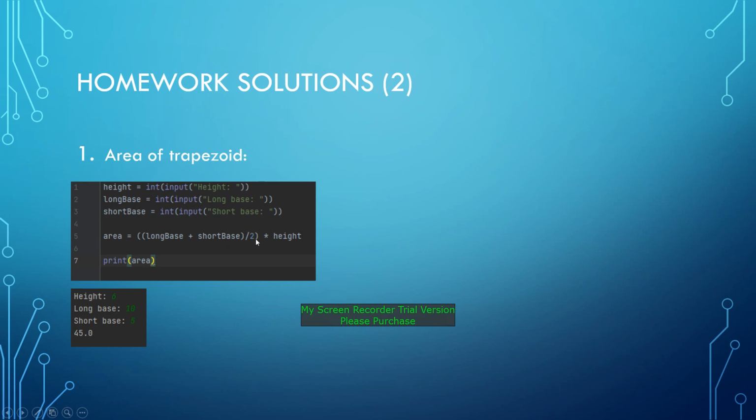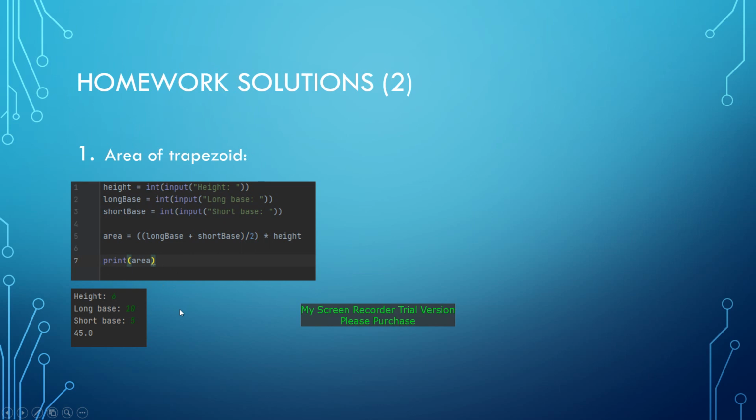This works the same as in math, the order of operations, as the math you do in school. First it will calculate the brackets, the long side and the short side. Then it will calculate the second pair of brackets with the division, and then finally it will do everything outside of the brackets. In this case we only have a multiplication, and then we just display the area.